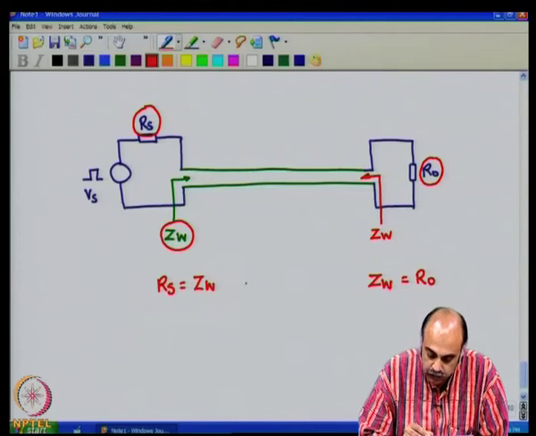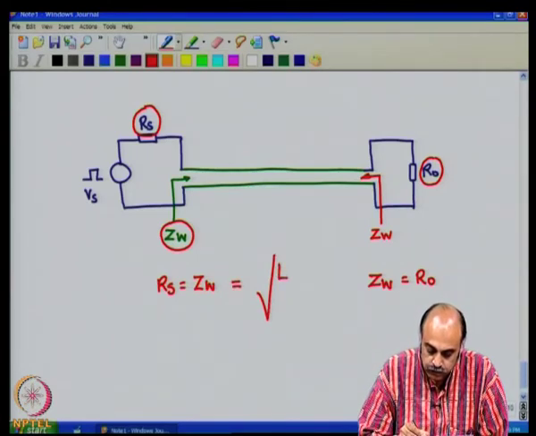And what is Z w equal to? Nothing but the root of inductance per unit length by capacitance per unit length.